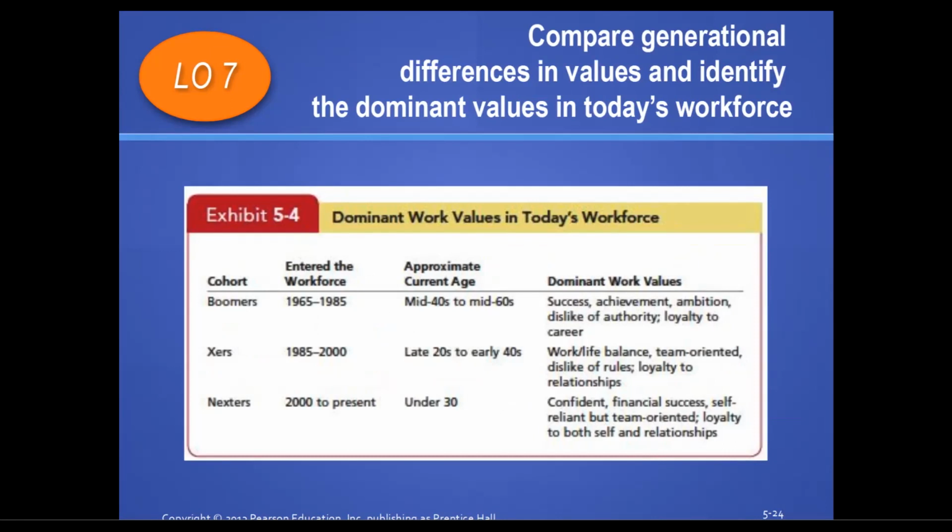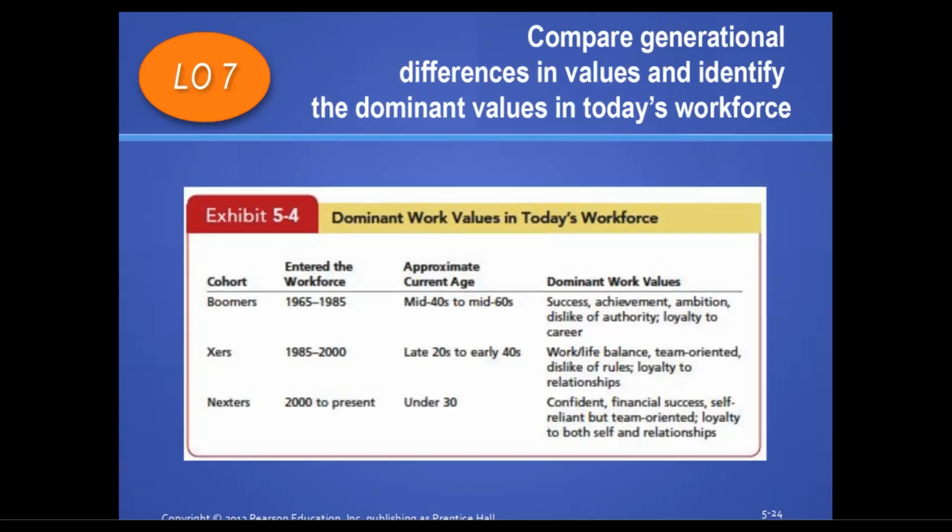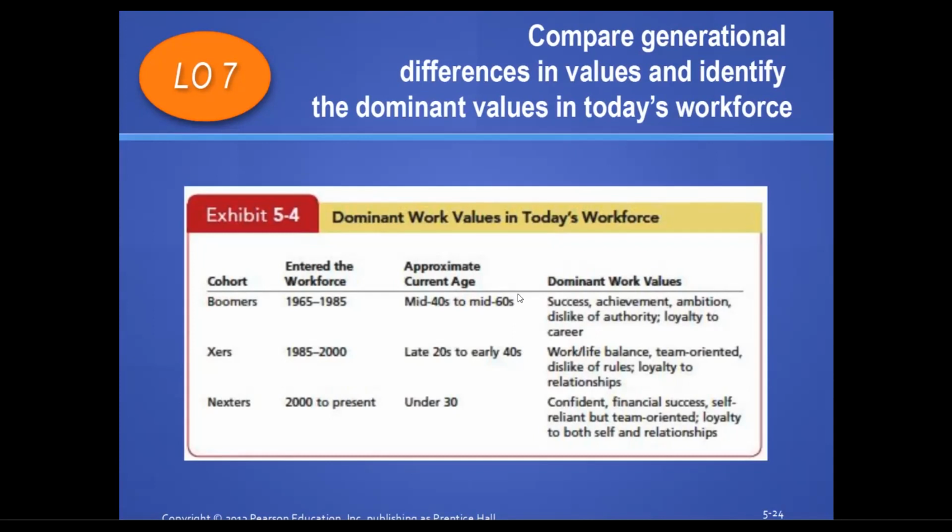Now those people are more than 60 years old, or sometimes nearly around 62 or so. Okay, baby boomers. Then Gen X people, who were born around 1985 to 2000.